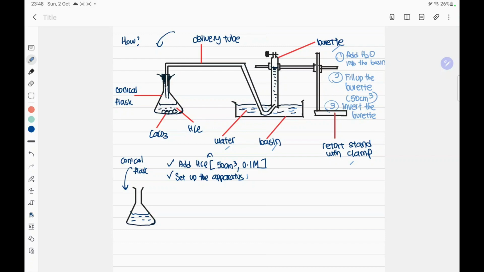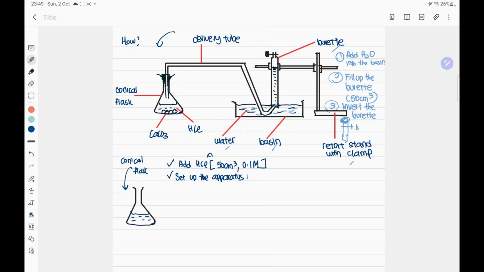You put the burette upside down, but you have to cover the tip of the burette with your thumb. Okay, if you want to turn this thing upside down, you have to cover it with your thumb here, and you invert it upside down. Okay, and once you have inverted it, you immediately put it inside this basin with water.